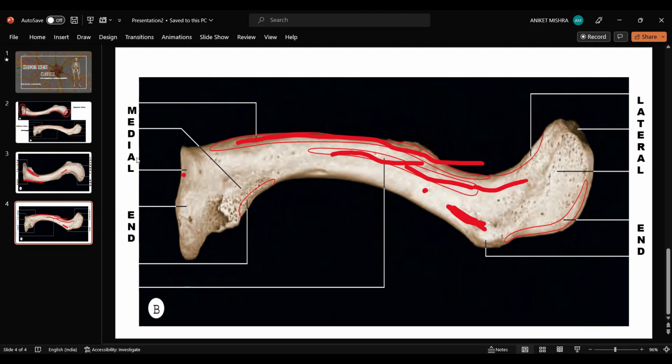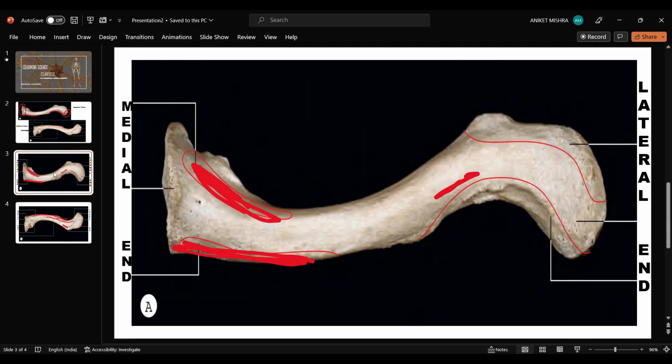If we are going to know about the ossification centers in the clavicle, it is a special characteristic of the clavicle that it has two primary ossification centers, medial and lateral, that appear between the fifth and sixth week of intrauterine life and fuse around the forty-fifth day.